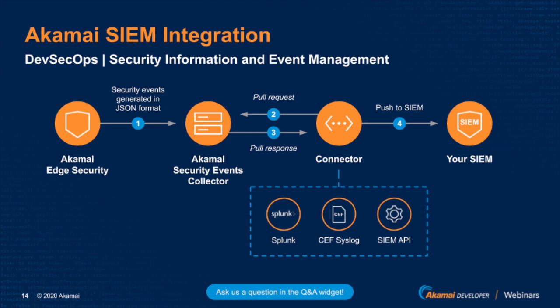So on developer.akamai.com/API, you can also find the full API definition for the SIEM API. And as a quick recap on that functionality, basically what you can do is request the security events that have been generated and add in filters such as epoch timestamps or limit the amount of events returned in batches.